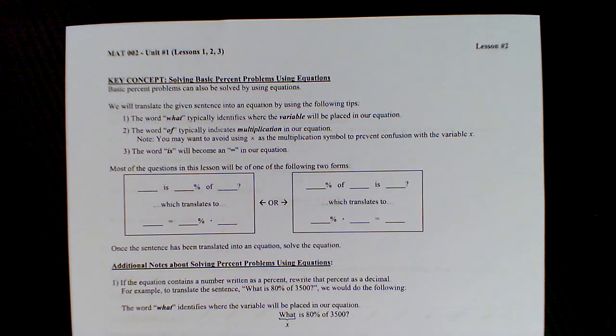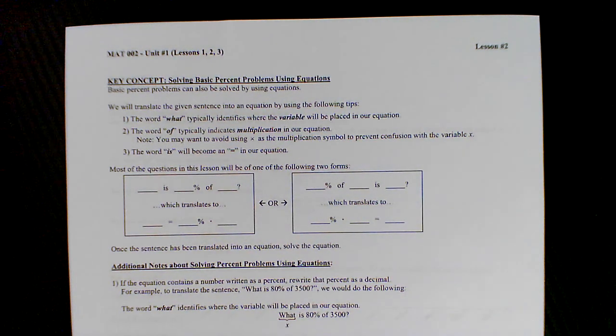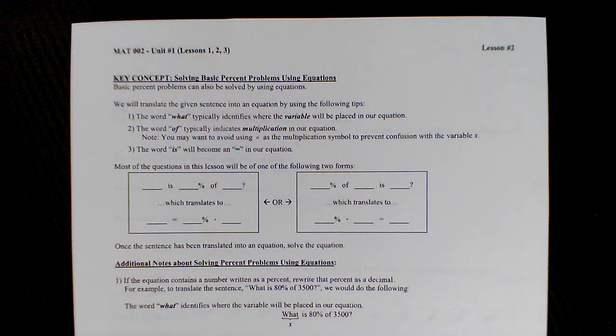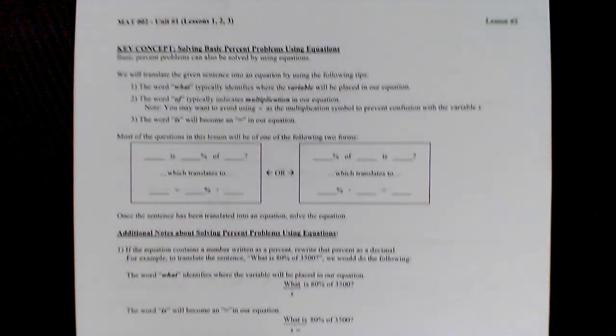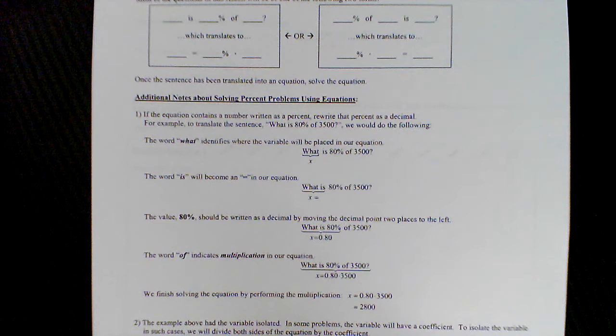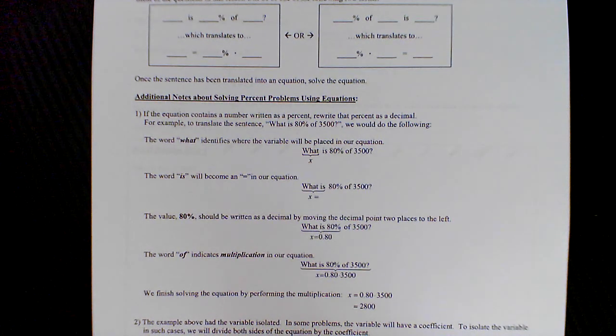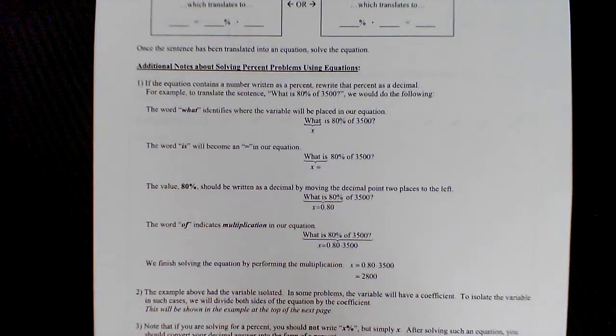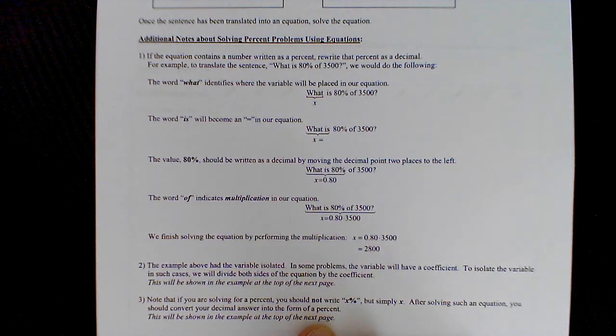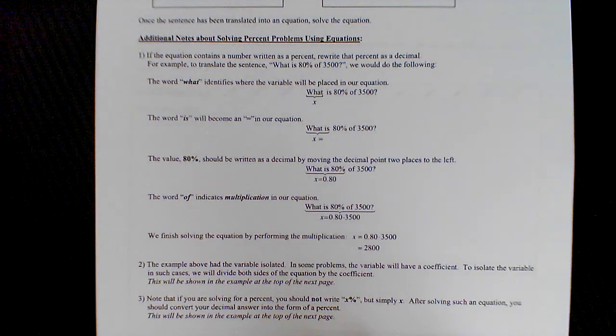I'd like you to consider this what we call the equation method. And with the equation method, you could read this entire page on your own. It tells you how to translate sentences from words to a mathematical sentence.